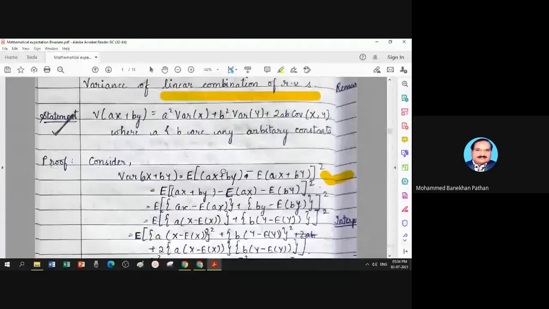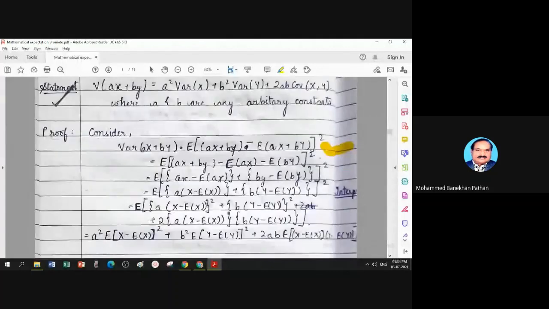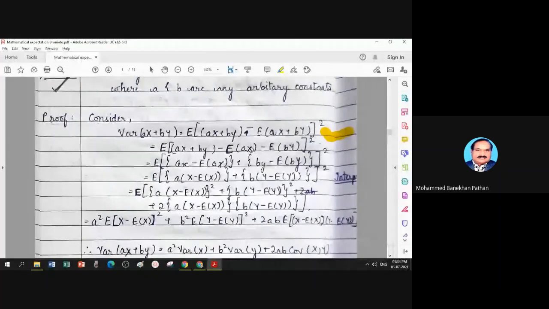Now I combine the similar terms together: aX minus E of aX plus bY minus E of bY, whole square.